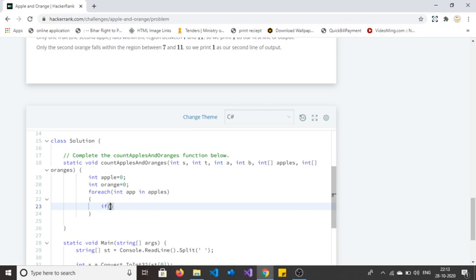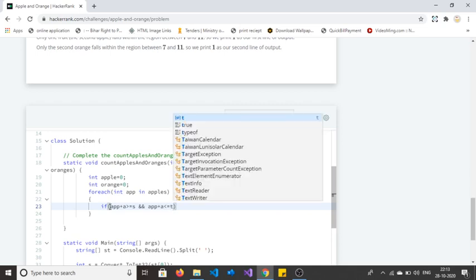If app plus a is greater than or equal to s, and app plus a is less than or equal to t.